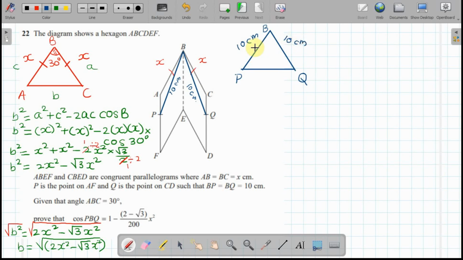Isosceles triangle again. I'm going to label this lowercase b, lowercase p, lowercase q. And b, I know, is the root of 2x squared minus root 3 x squared.